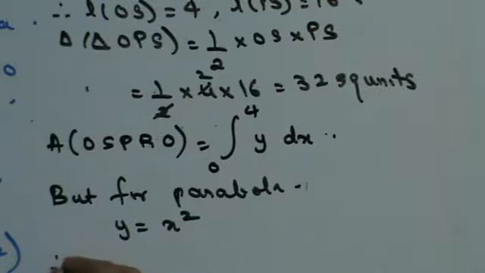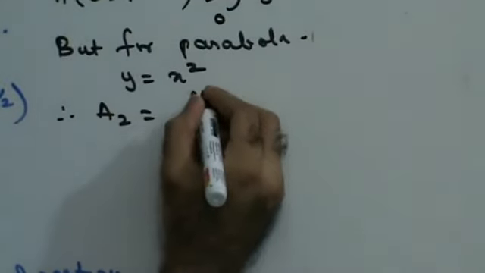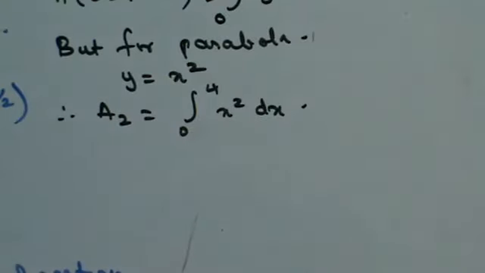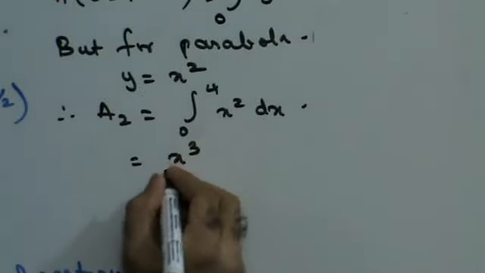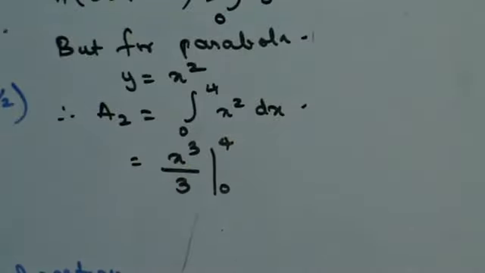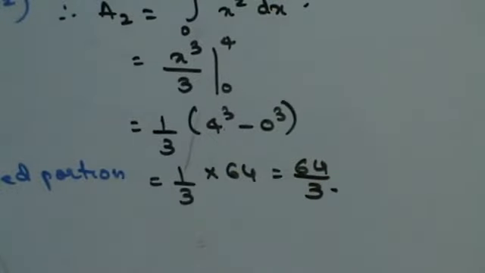In that case, I can call this area A2. A2 is the integral of 0 to 4, and instead of y I can write x square with respect to x. So this is going to be x cube upon 3 when the limits are between 0 to 4. So this is going to be 1 by 3 times 4 cube minus 0 cube, which is 64 by 3.